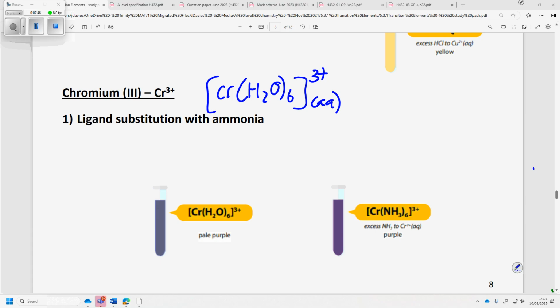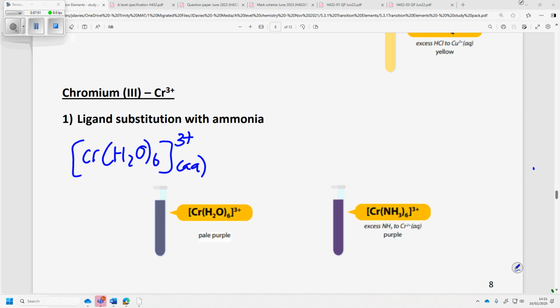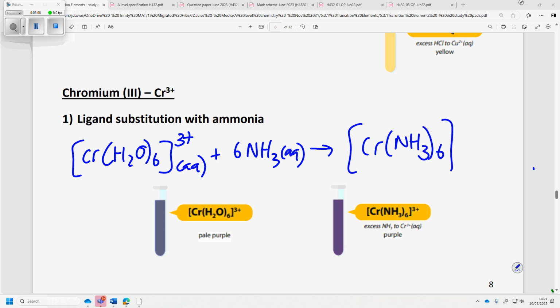And the chromium hexa-aqua ion is going to react with 6 ammonias, and all of the waters will be substituted for ammonia molecules. Again, still 3+, and all 6 waters have been replaced. So it's a straightforward swap.